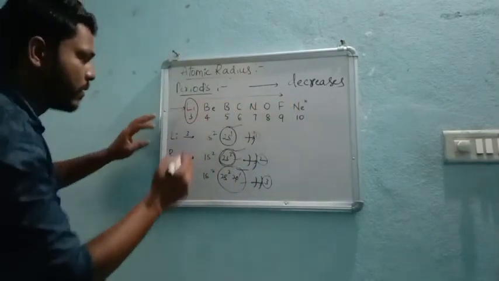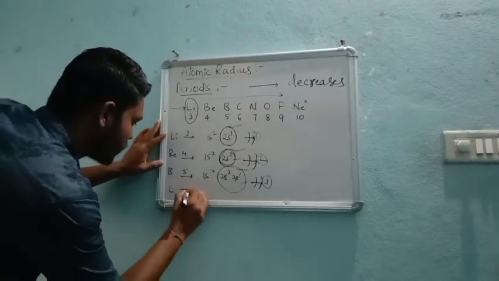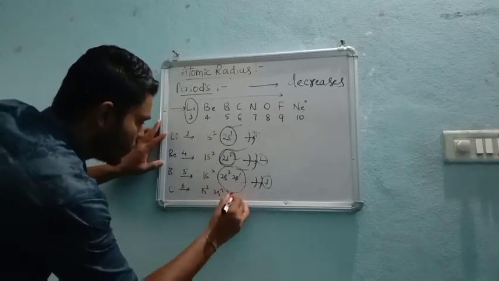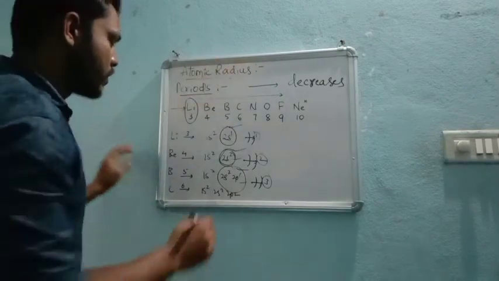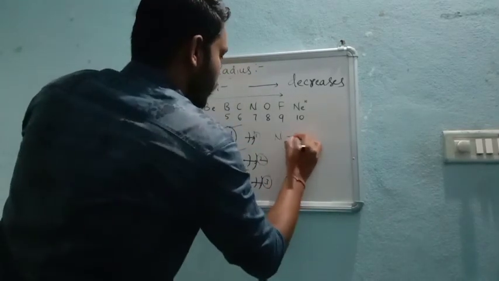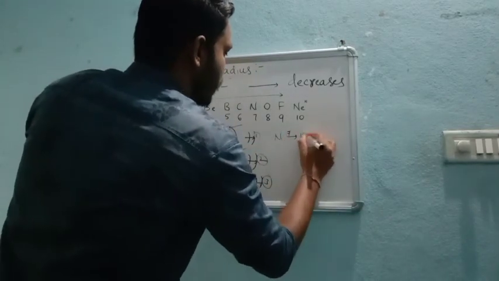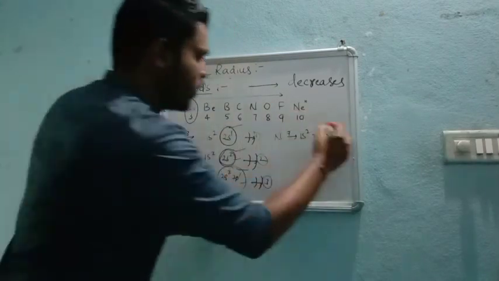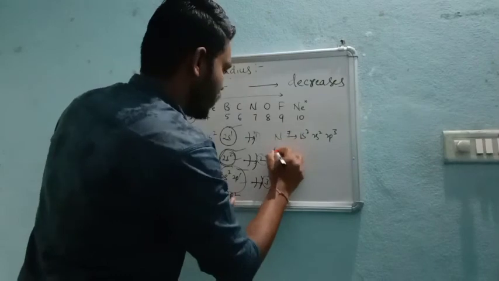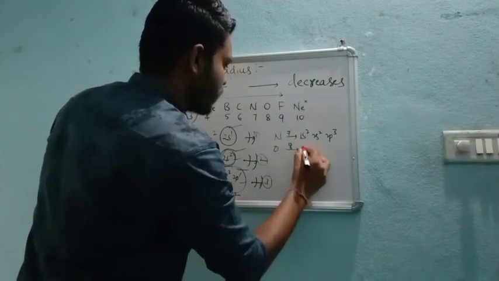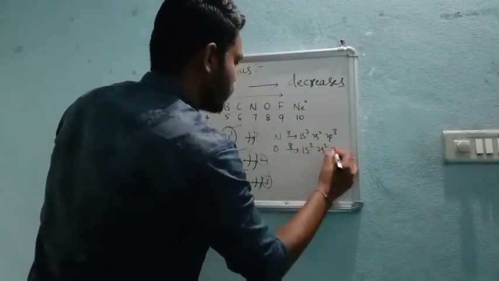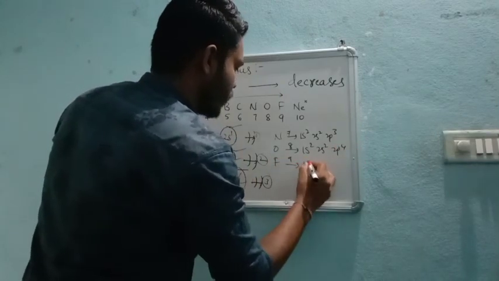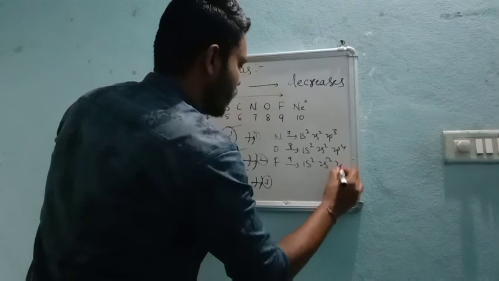You can take carbon as an example also, right? 6: 1s2, 2s2, 2p2. Nitrogen 7: 1s2, 2s2, 2p3, because we have 7. Oxygen 8: 1s2, 2s2, 2p4. Fluorine 9: 1s2, 2s2, 2p5.